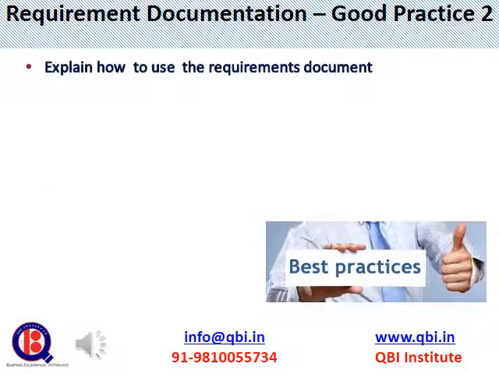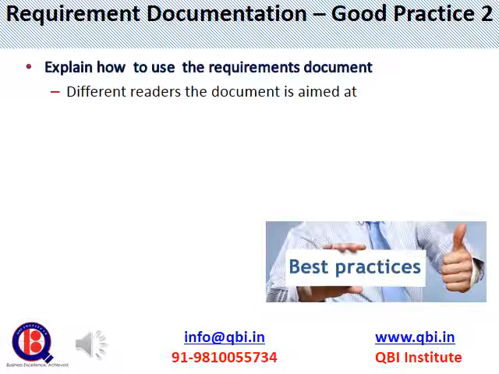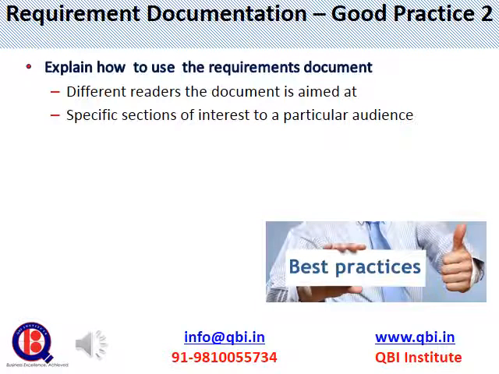The second good practice to prepare requirement documents is to have a section within the requirement document where we explain how to use the document. Here you should explain different categories of readers this requirement document is aimed at. Different sections of interest for a particular audience should also be explained. Say for example in a stakeholder requirements document, various stakeholder types have interest in their own set of requirements, so they would like to jump to the relevant area within the document.